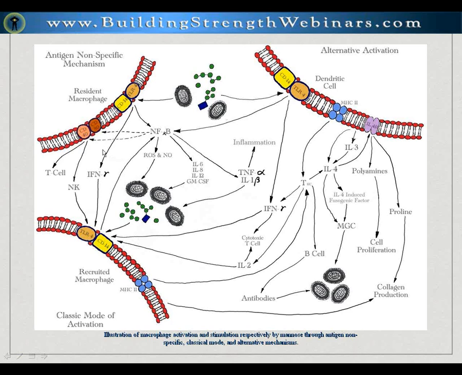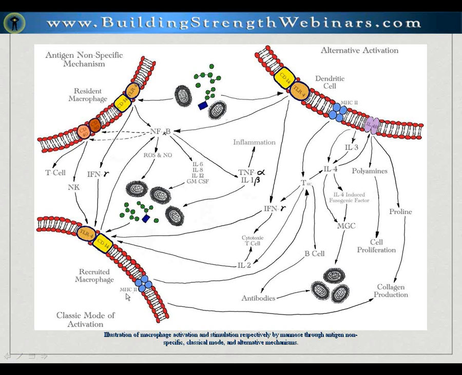Now, these macrophages that have been recruited and have been stimulated by interferon gamma, they're told, hey, we're in a serious war, so their reaction is much more drastic, much more severe. So when they come in contact with the bacteria or these other polysaccharides, they have an even stronger reaction.